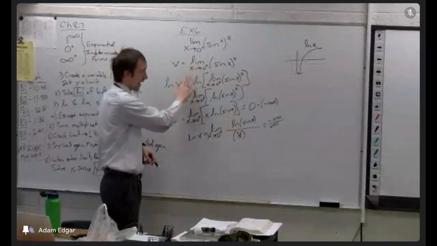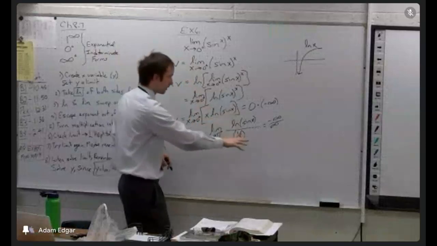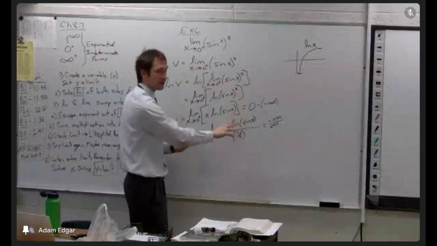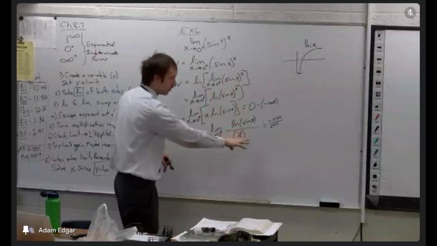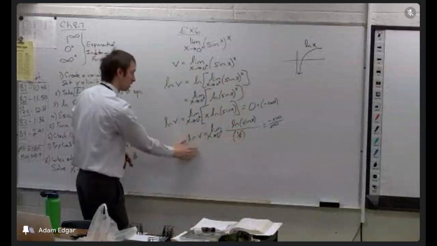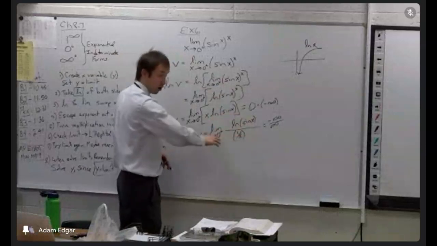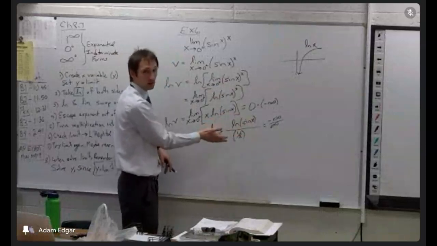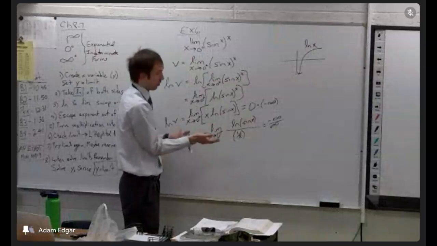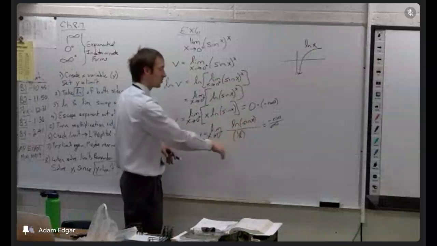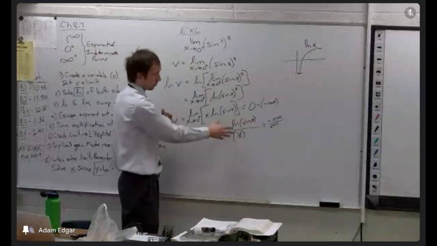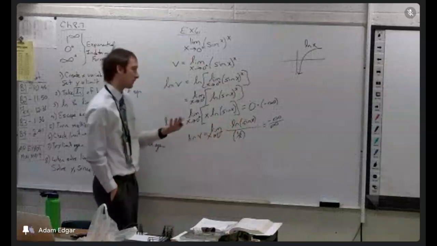That allows us to then evaluate the limit. We do all the work we need to do to evaluate the limit. When we L'Hopital, we don't need to do anything over here to natural log of v, because it's almost like we're just multiplying by fancy 1. It's like we're differentiating by fancy 1, sort of. You're not changing the value of the limit. You're manipulating this to allow you to find the value of the limit.